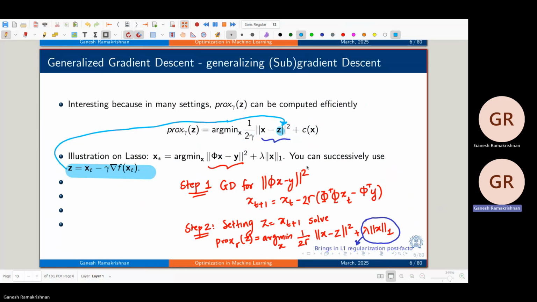Now there will be a little bit of scalar. We get x_i equal to z_i minus lambda gamma, because the 2 will get cancelled out, if z_i is greater than or equal to lambda gamma.